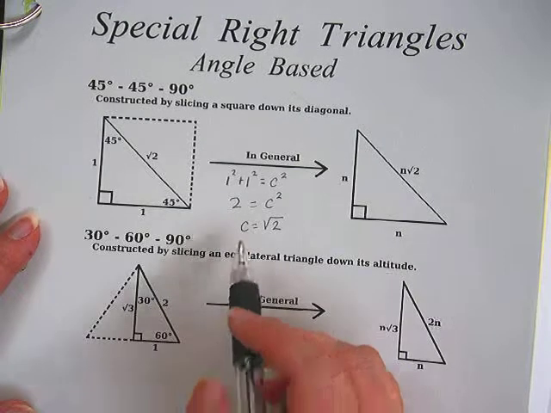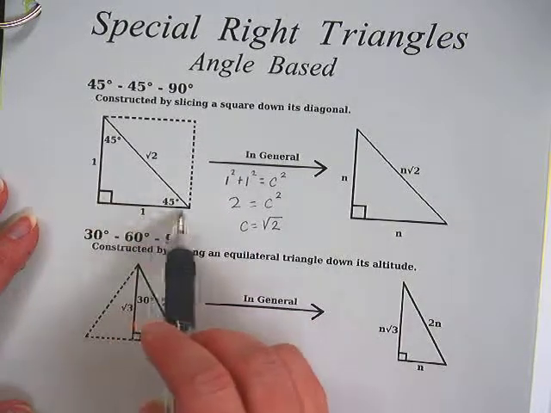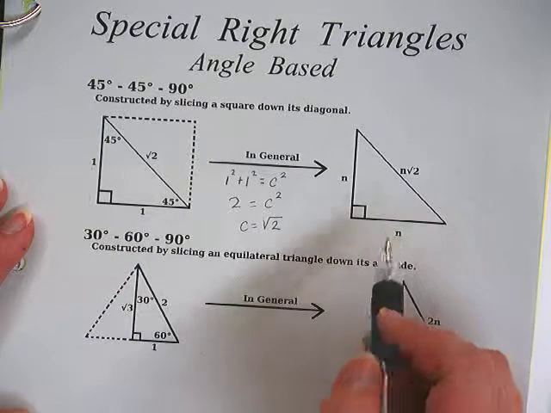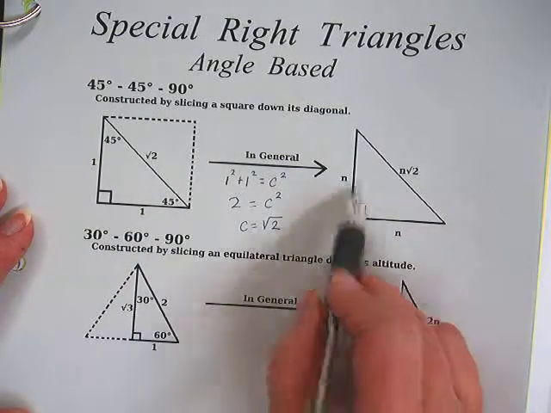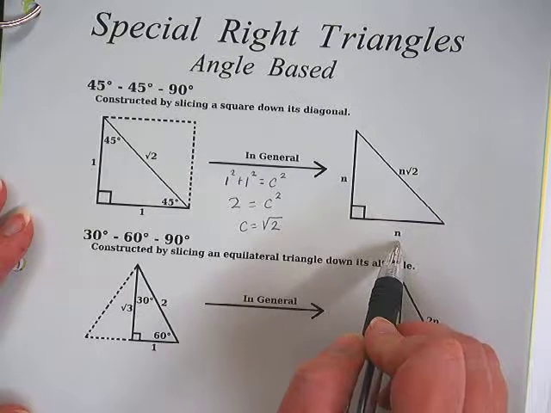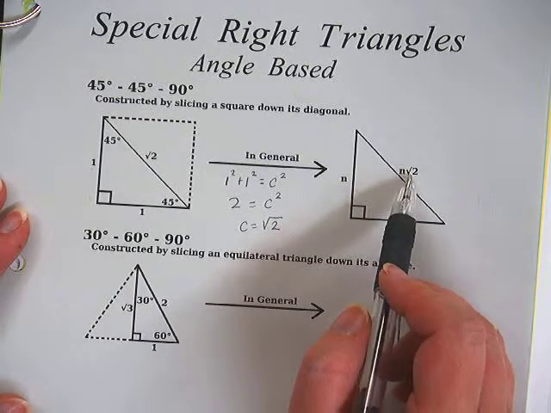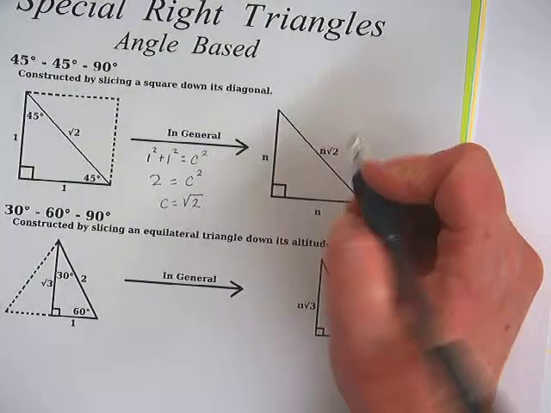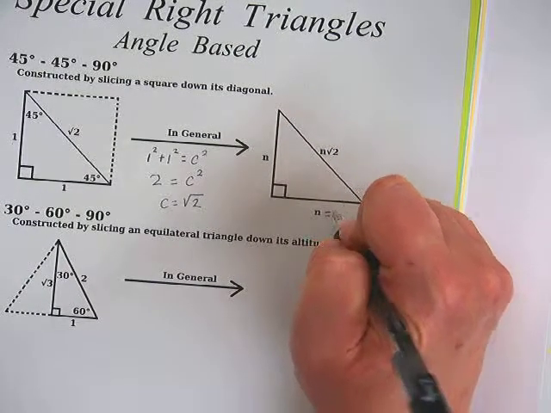This will work out with any number regardless of what length the side of the square is. It will turn out so that if the sides of the square are some other number n, then the diagonal is n times the square root of 2. Let's say, for example, that n equals 10.